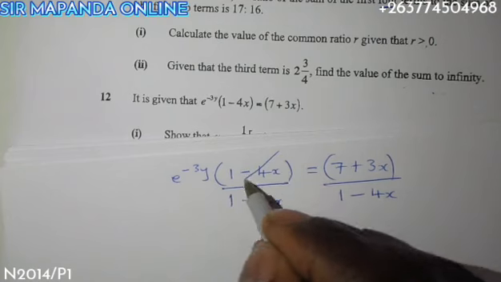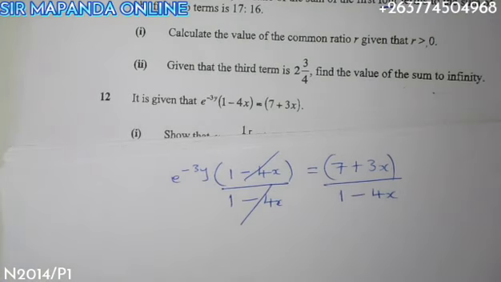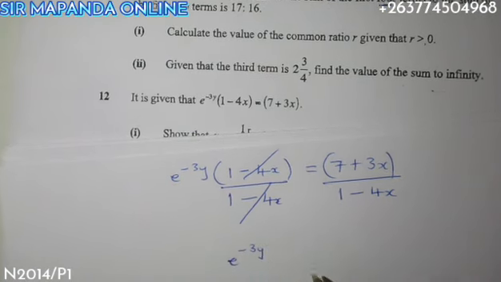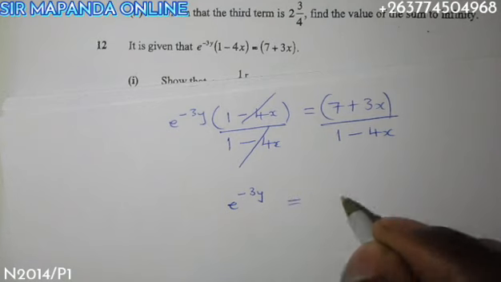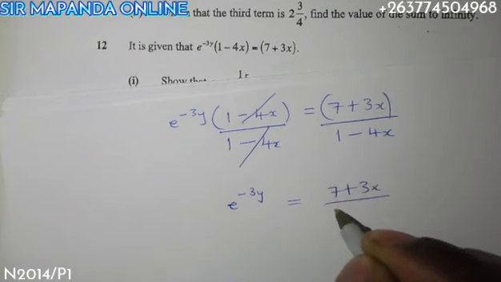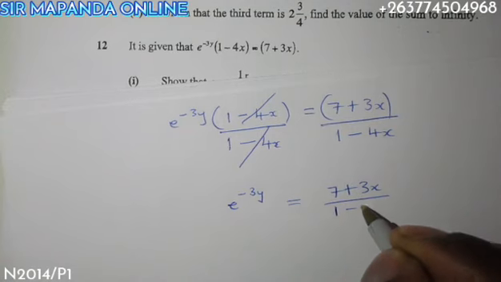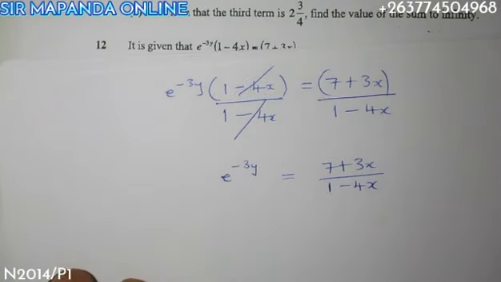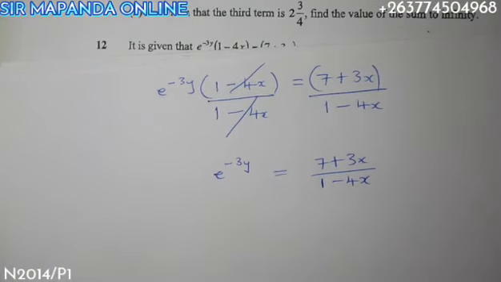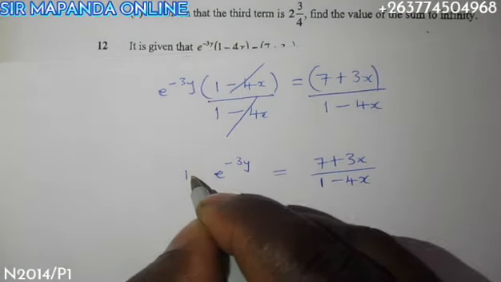You can clearly see that the 1 minus 4x cancel each other, leaving you with e to the power of minus 3y on your left, and 7 plus 3x over 1 minus 4x on your right side.